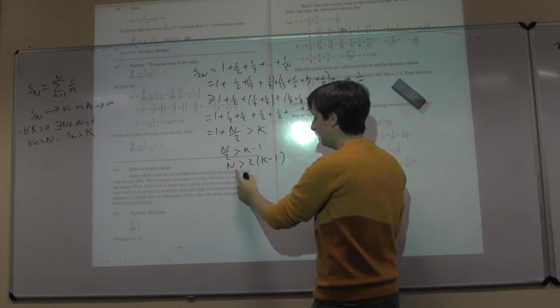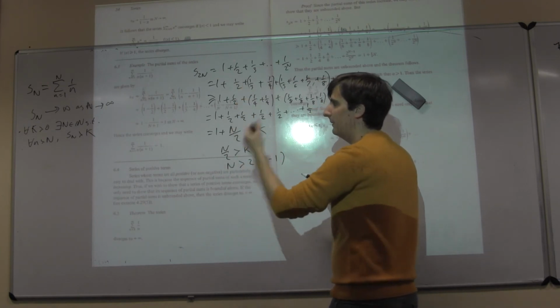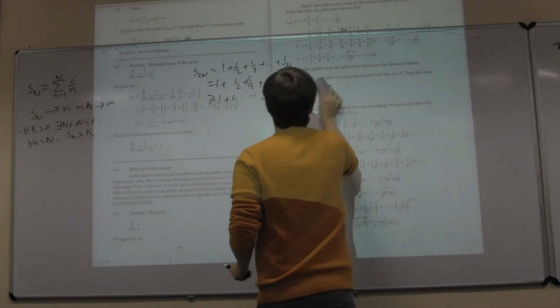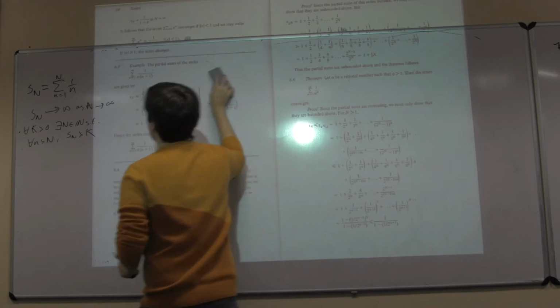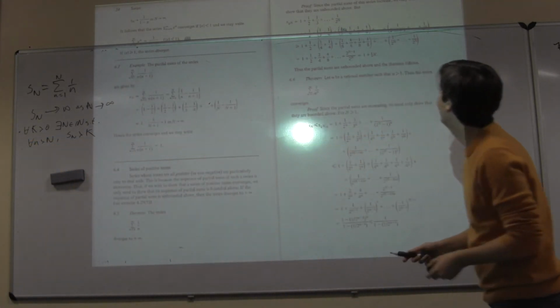So for sufficiently large n, Sn is going to be bigger than K. So it's going to infinity.